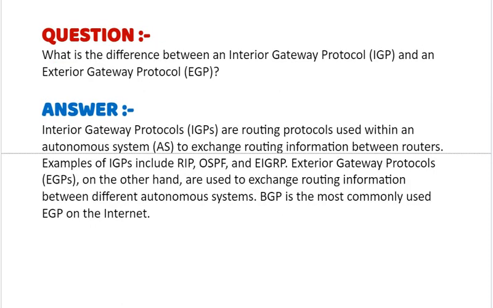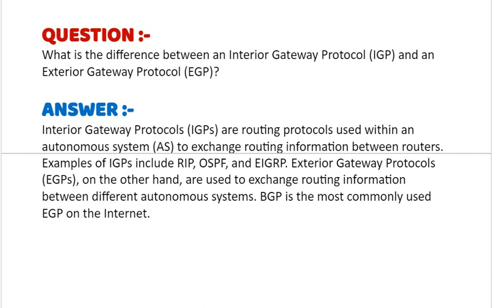Our next interview question is: what is the difference between an interior gateway protocol (IGP) and an exterior gateway protocol (EGP)? Your answer should be: interior gateway protocols (IGPs) are routing protocols used within an autonomous system (AS) to exchange routing information between routers.